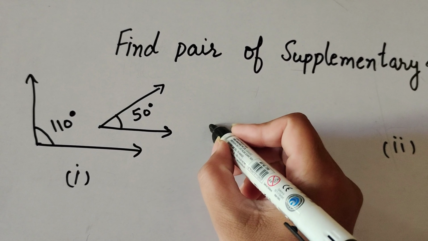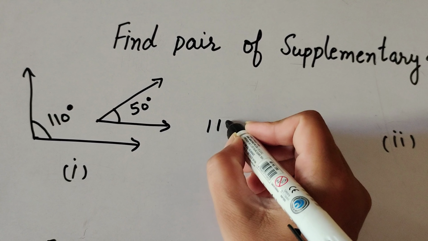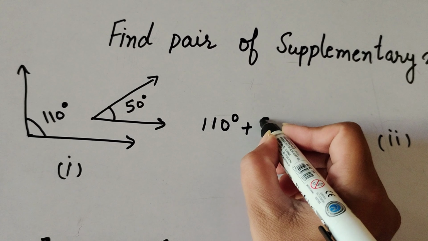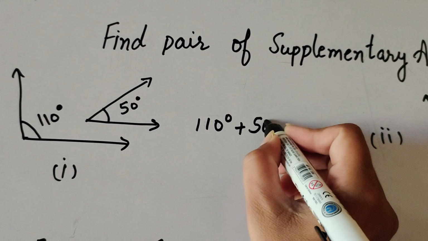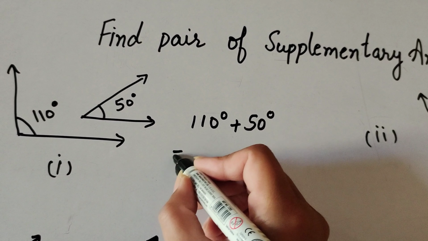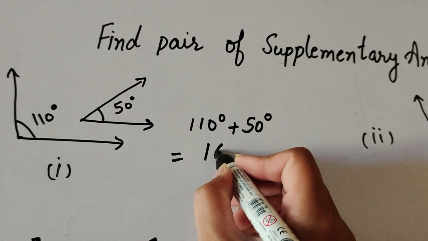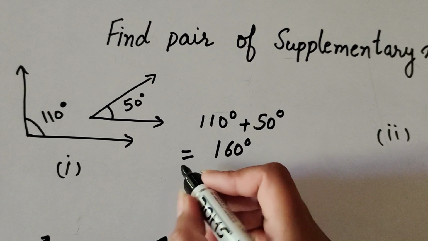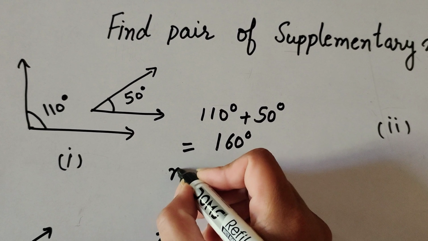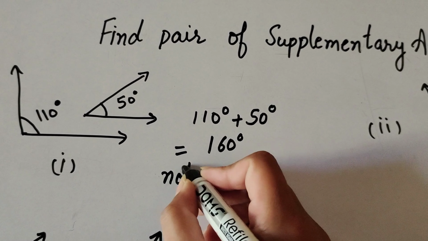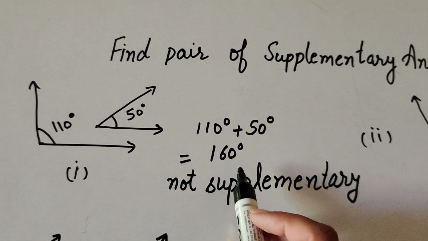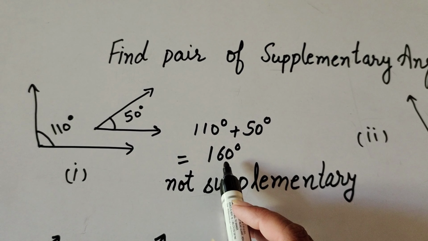To check this pair, we add these two angles, 110 degrees plus 50 degrees. When we add these angles, we get answer equal to 160 degrees. So this pair of angles is not supplementary because their sum is not equal to 180 degrees.